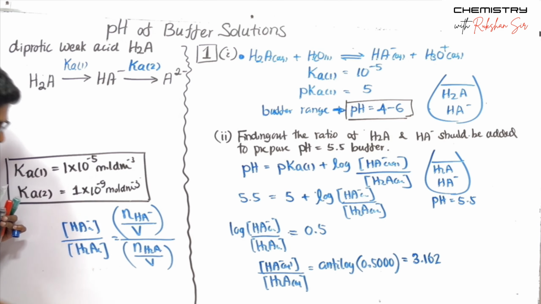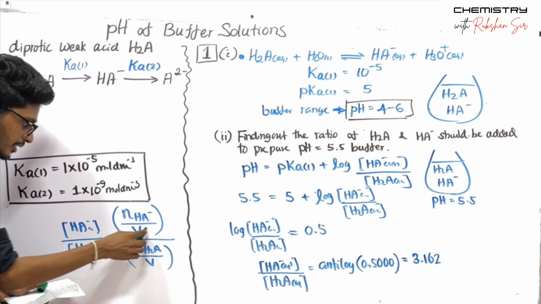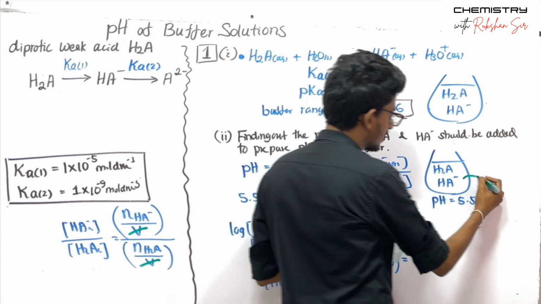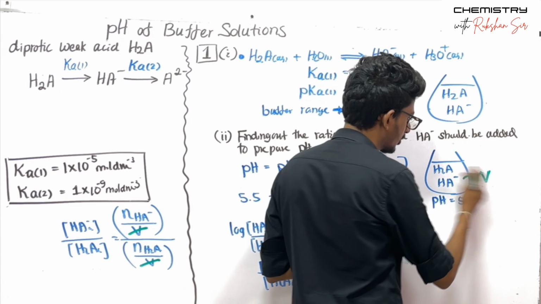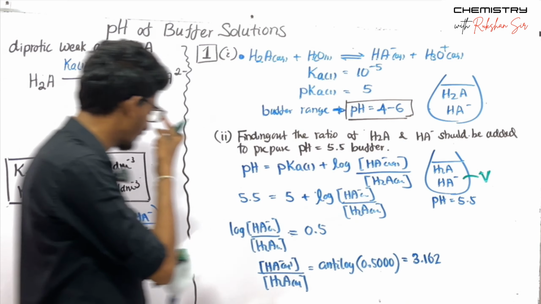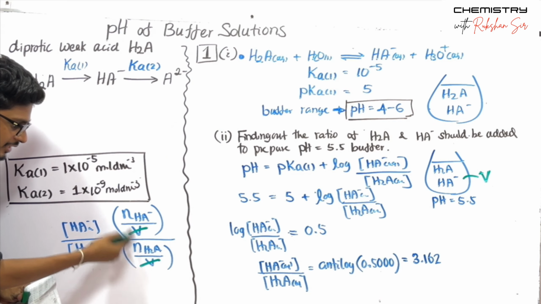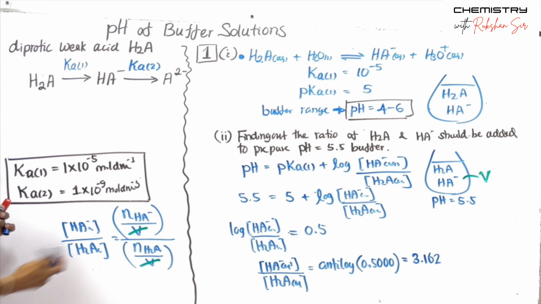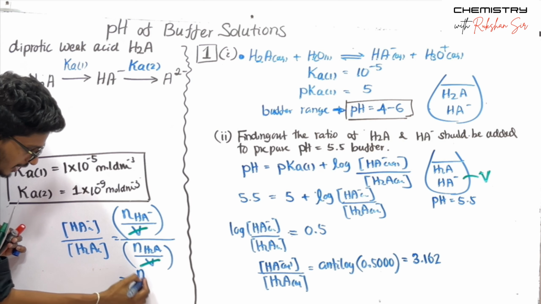The volumes will cancel off because both species are in the same solution, so the same volume applies to both. Actually, that means the concentration ratio is the mole ratio.